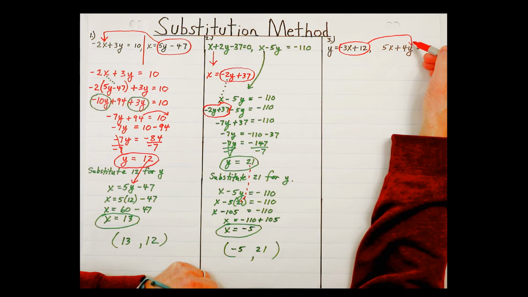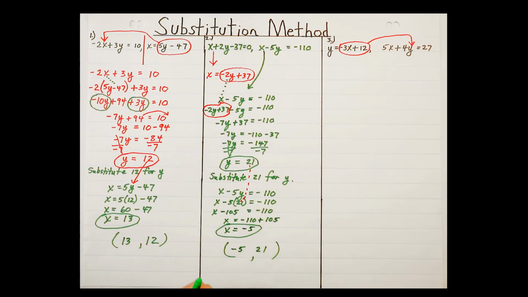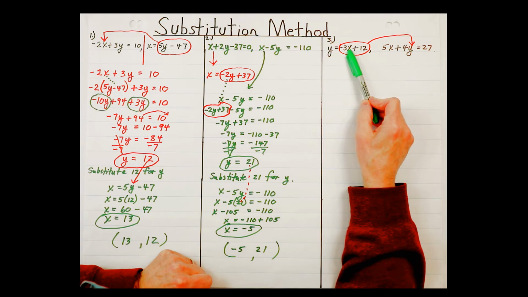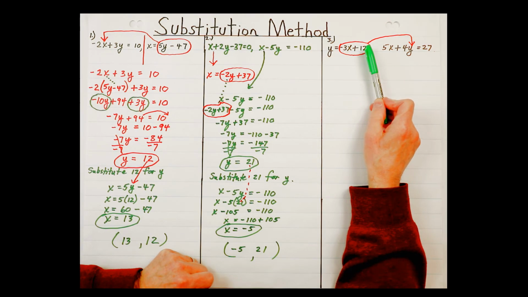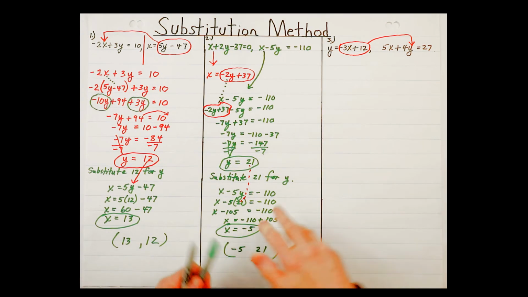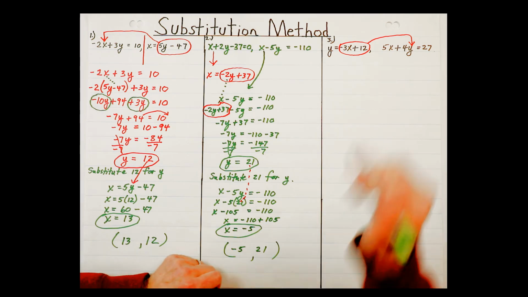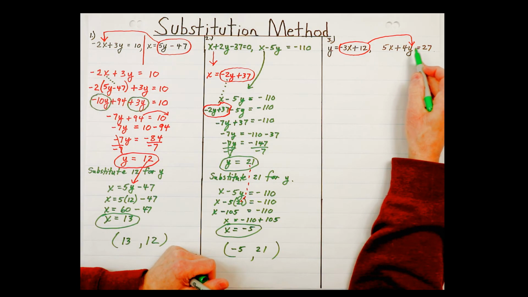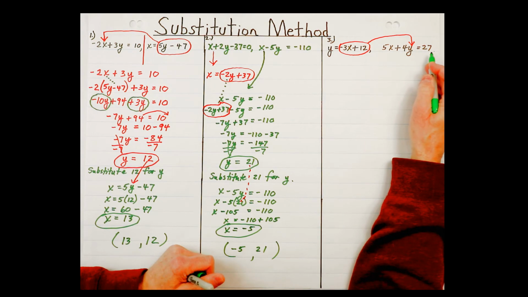Y. And why are we doing that? Because the first equation says y equals negative 3x plus 12. So if y can be represented by negative 3x plus 12, then we can replace the y in this equation with negative 3x plus 12.